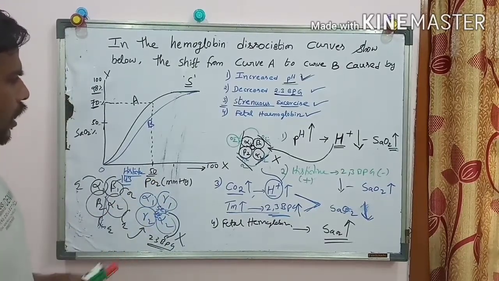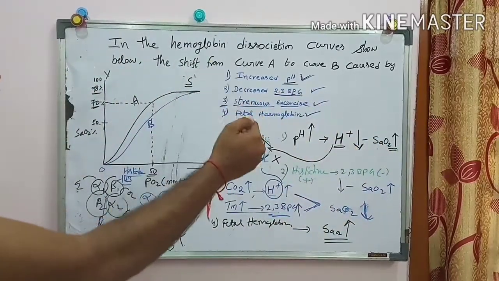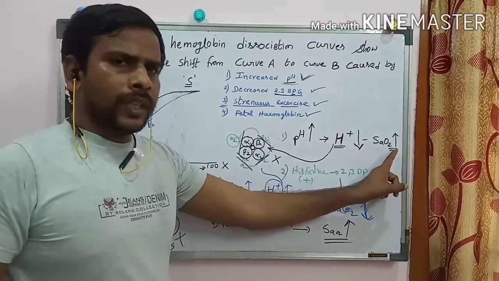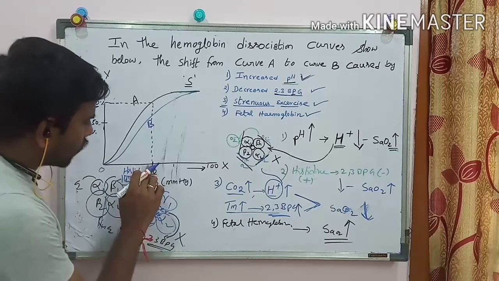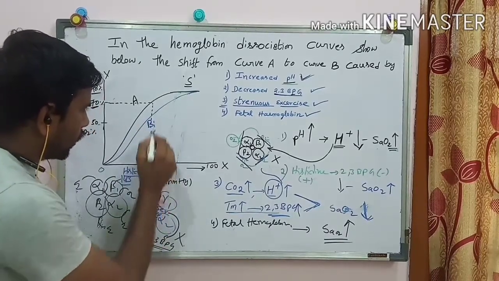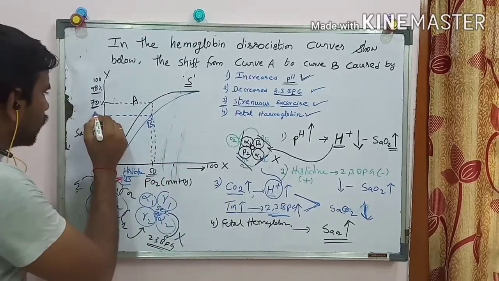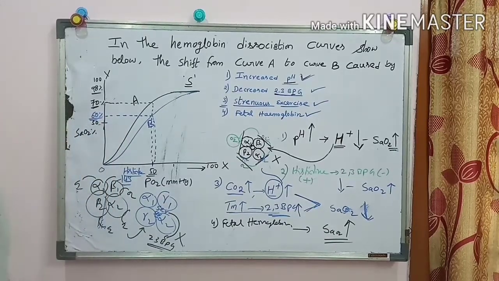Now in this condition, saturation should be increasing, right, or decreasing? Now it should be increased. You see, if we take this graph at the same PO2 50, when you go and cut here, what is the saturation level we are getting here? 60%. 60% is the saturation level.